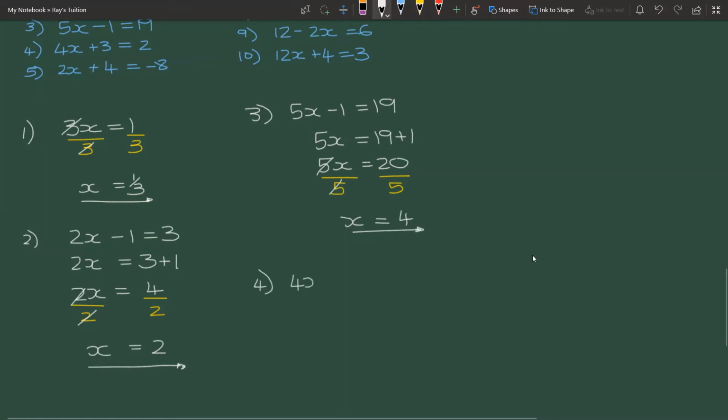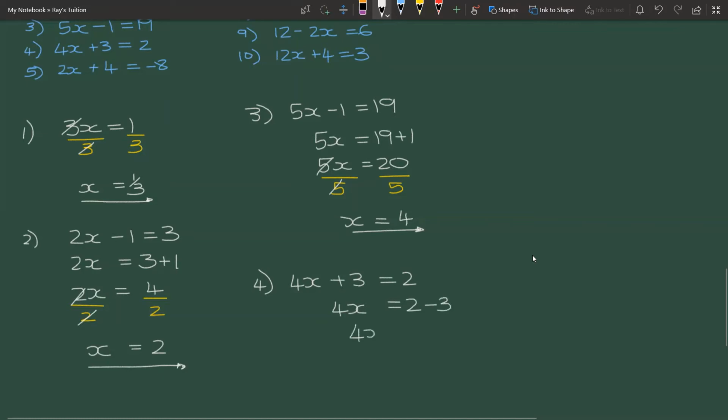Let us look at number 4. So we have 4x plus 3 is equal to 2. Again, we first would like to get rid of the 3, which is added. So 4x, the 2 on the side remains the same, and the 3 that gets moved over, the sign changes to minus 3.